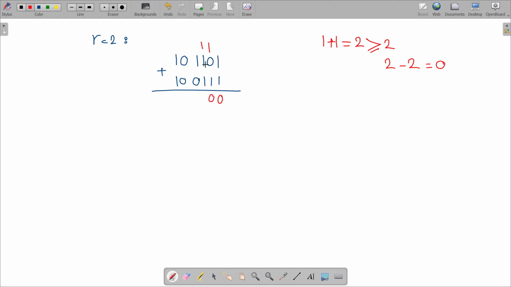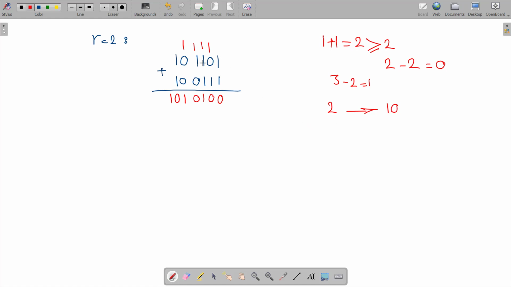1 plus 1 is 2, plus 1 is 3. 3 is greater than 2. 3 minus 2 is equal to 1. Write 1 here, another 1 here. 1 plus 1 plus 0 again is 2, which is 1 0 in binary.